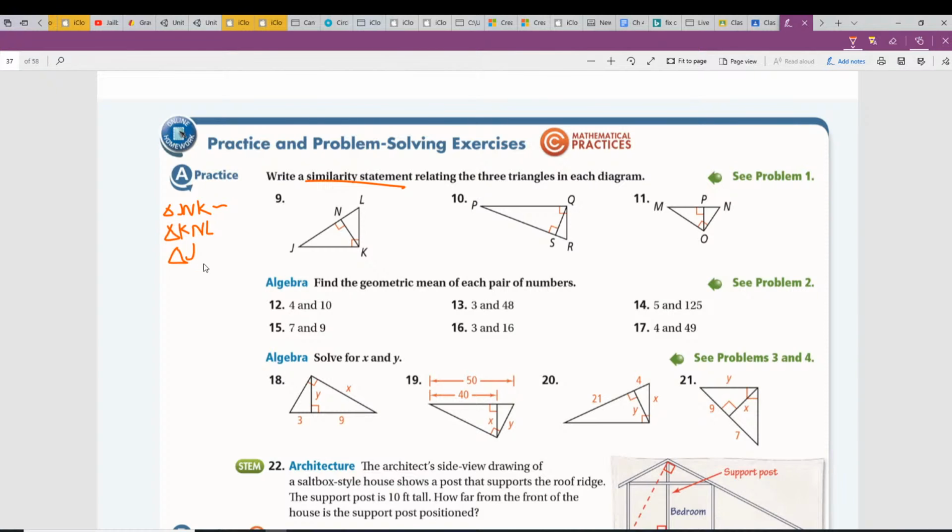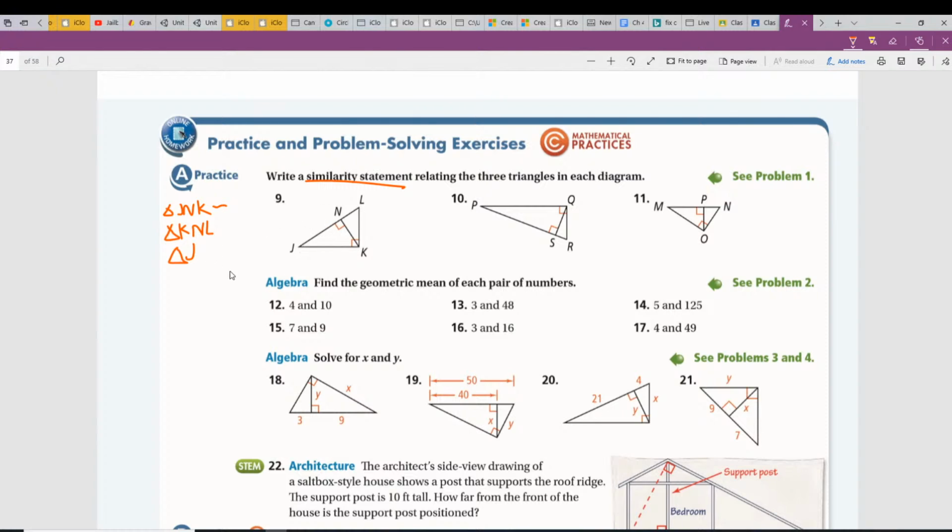Is that J? So the angle with the hypotenuse and the bigger length, J and K. You have to be very careful with this. JK. Let's see here. Okay, you have J and K.